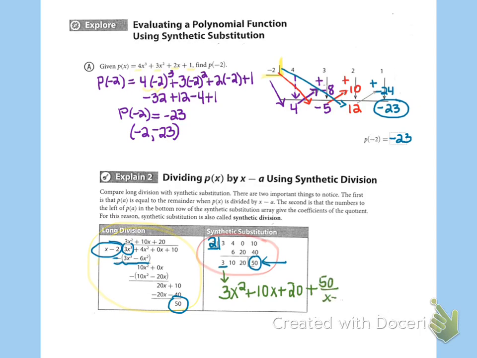over x minus 2 if we wrote it like that, or we could write it in that form where we say that the quotient 3x squared plus 10x plus 20 times the divisor, which was x minus 2, and then plus the remainder of 50.